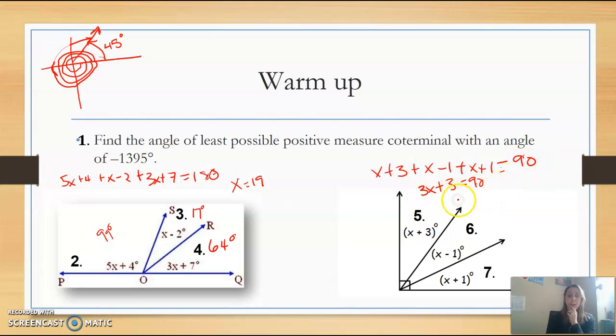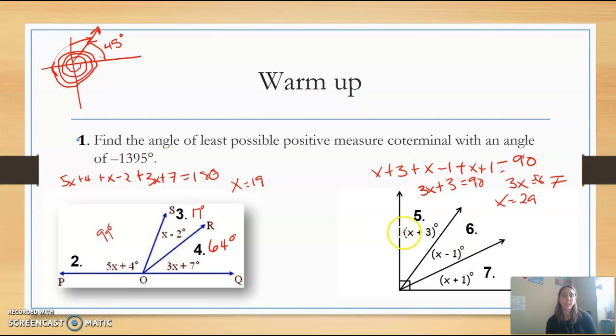So then we just solve for x, so we subtract 3, and we get 3x is equal to 87. And then we just solve for x, so go ahead and do that. And it looks like we get x is equal to 29 degrees.